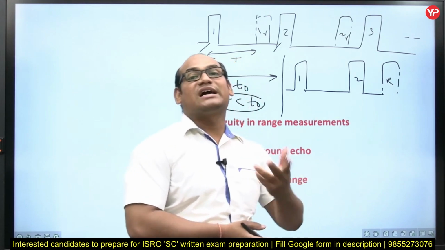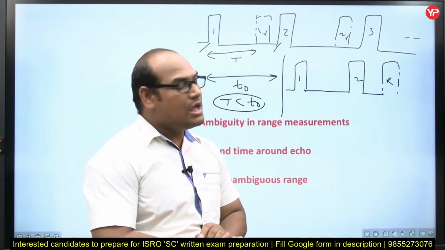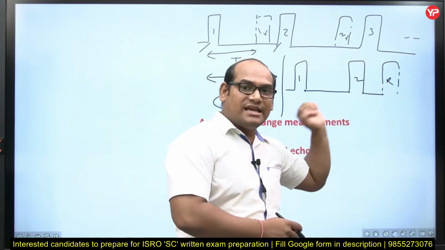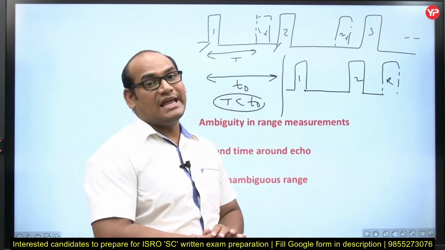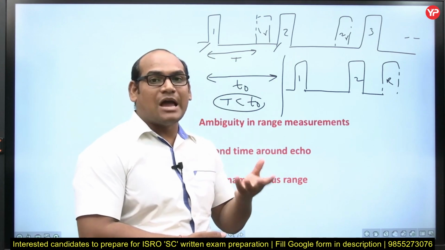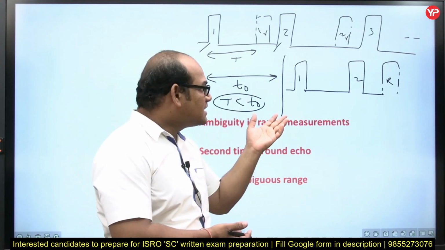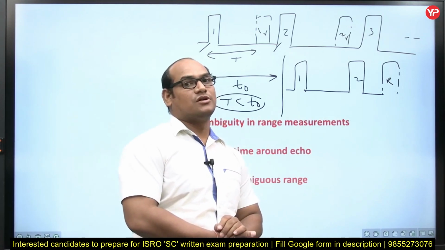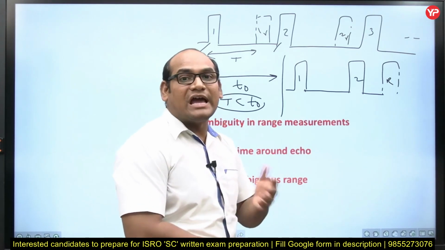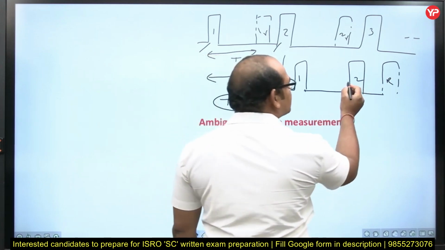So in order to avoid the confusion, whatever the reflected pulse is, it should come before the generation of the next pulse. Then we don't have any ambiguity. But if it is like this, then ambiguity is there in the calculation of the distances. So the maximum is this one.